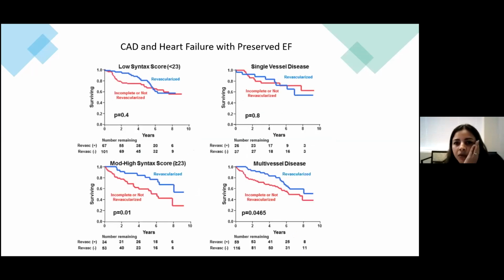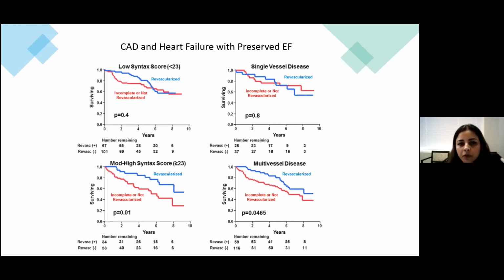The SYNTAX score is an angiographic grading to determine the complexity of the coronary artery disease, and you can see that all along here.